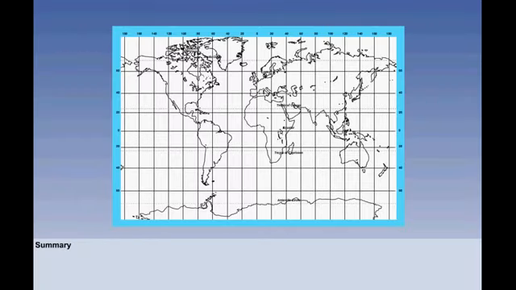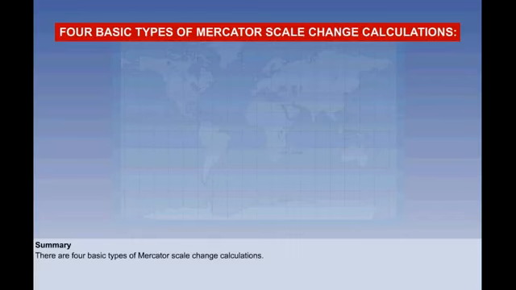So, to summarise, the ATPL syllabus requires you to be able to carry out Mercator scale change calculations. These calculations divide into 4 main types of problem. They are: given scale at the equator, calculate Mercator scale at some other latitude.